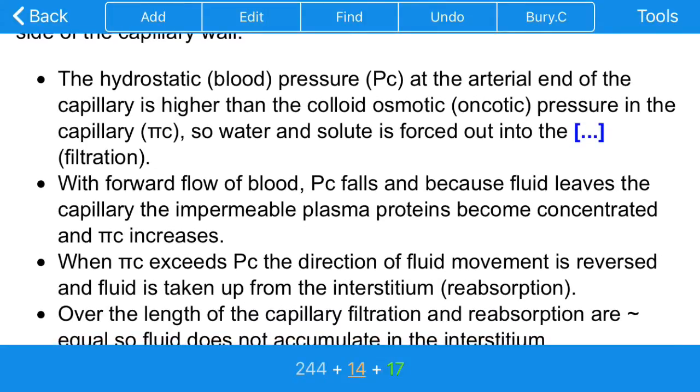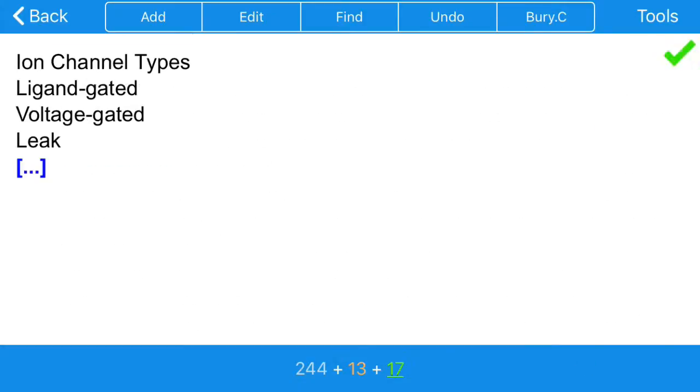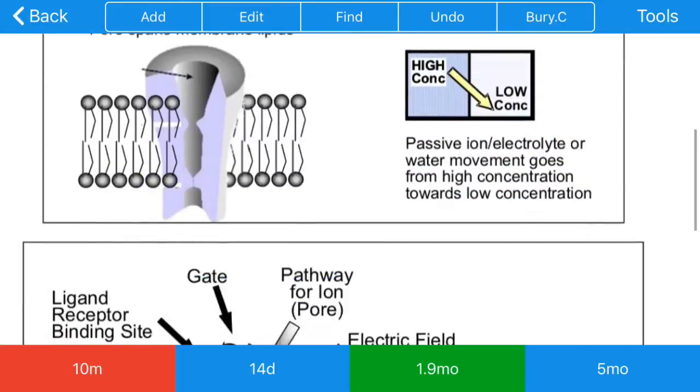Hydrostatic pressure into the interstitium. Leak. And ligand, voltage, aquaporins, channels. Passive diffusion, stretch activated.